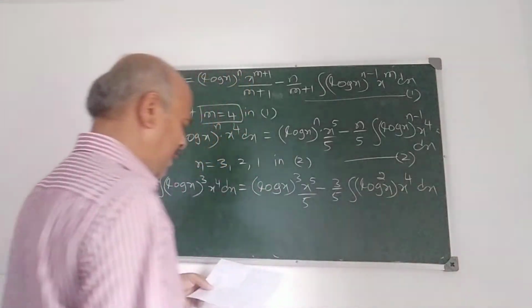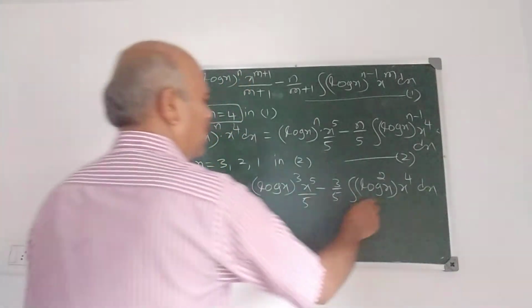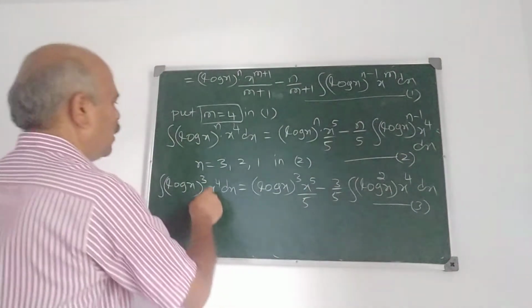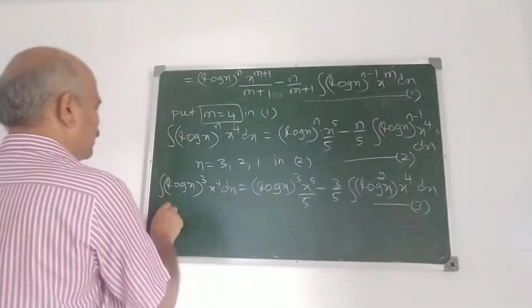Correct? Take this as 3. By taking n is 3 we get this.